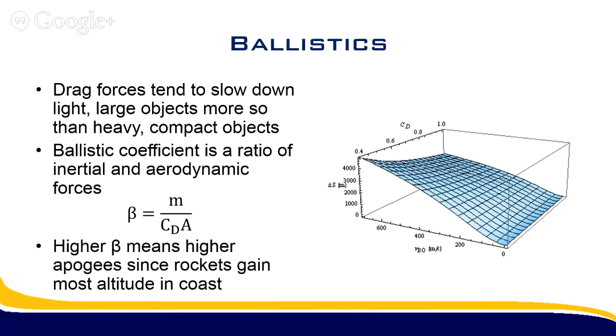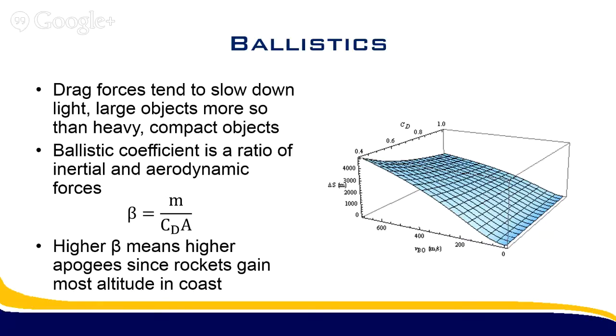And this is interesting to study because actually in flight, drag tends to slow down large and lightweight objects a lot more quickly than it slows down heavy and dense objects. So we come up with this ballistic coefficient. So if you want a rocket to go higher, usually you want to increase that ballistic coefficient, even though that's increasing the mass.